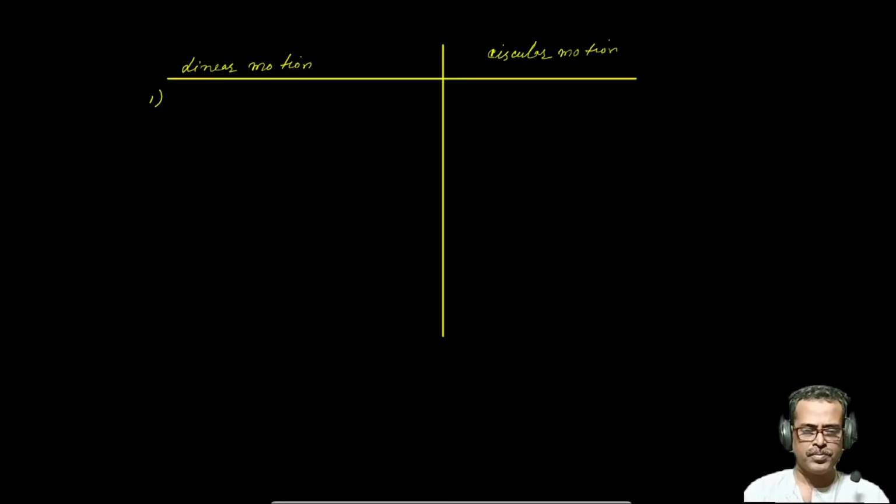Before starting circular mechanics, now I am discussing the similarities between circular motion and linear motion. First, number one, displacement. This is angular displacement.